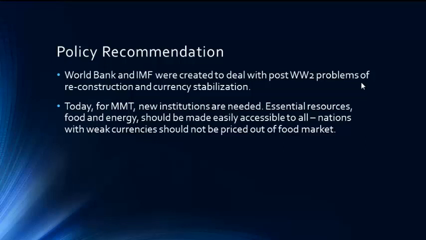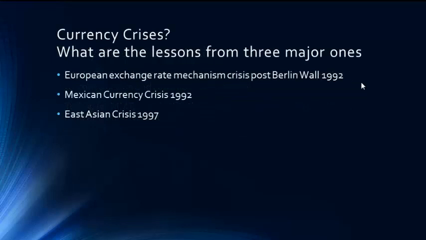So that's one part, but the other part is how to make sure that essential resources are available to all people. This also needs to be handled by a supranational institution, just like World Bank and IMF, but it's a different type of institution that's needed. So new thinking is needed along these lines.